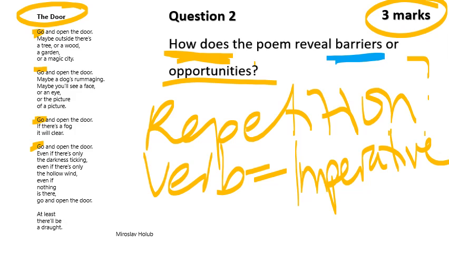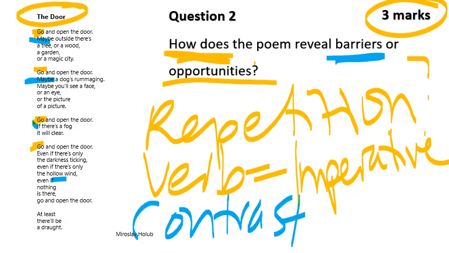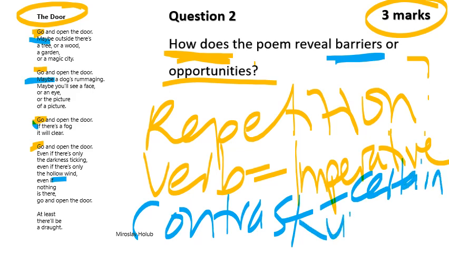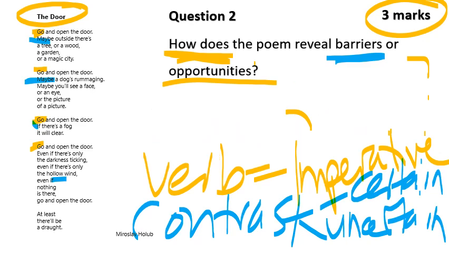You then have a contrast between that high modality word choice, go and open, do this, to maybe, if. So you can see that there is a contrast between certain words like go and open and uncertain, maybe, if. By having that contrast, you can see that there's real emphasis on the action.